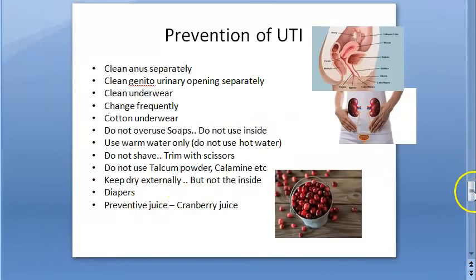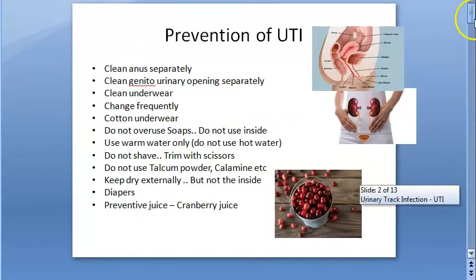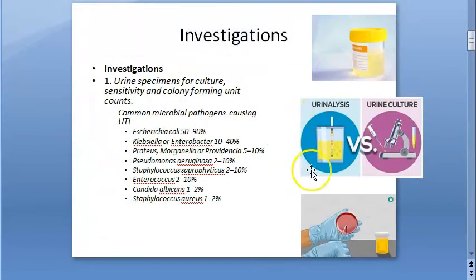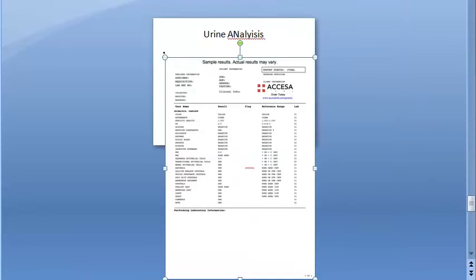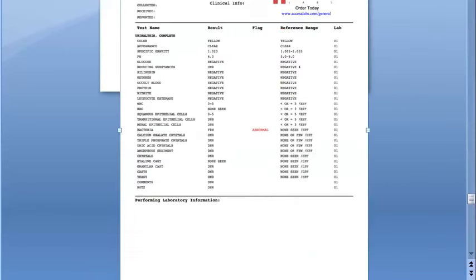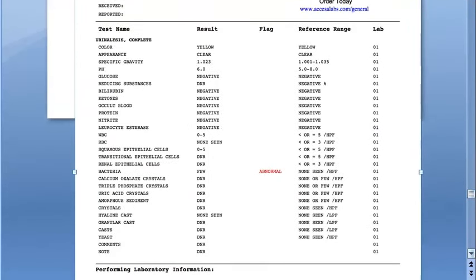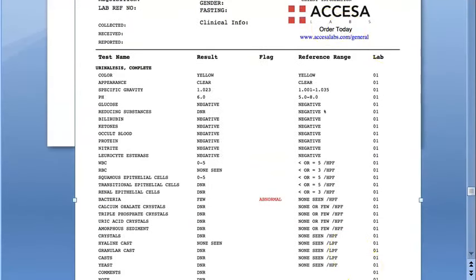Okay, so now let us say that whatever investigations we ordered, we got the report. Now let us look at a report. These are things that will have to be analyzed by a doctor. So now let us look at the result. What is this? Urine analysis, right?